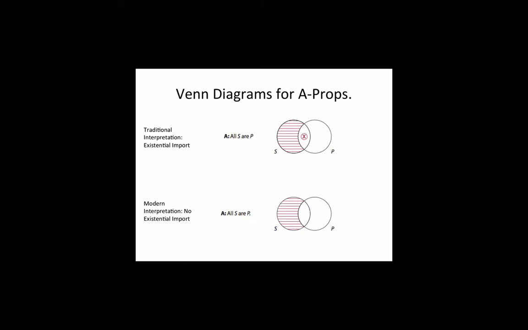And when we understand the traditional Venn diagram, we understand in a new way, a way that illuminates for us the inferences we are and are not allowed to make on the square of opposition. We'll also see why on the modern interpretation of the square of opposition, there is just one set of inferences allowed, contradictories, A and O, and E and I.